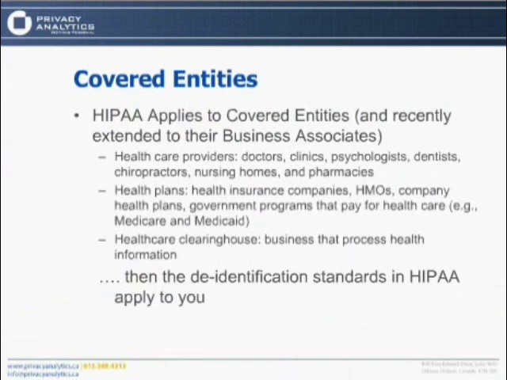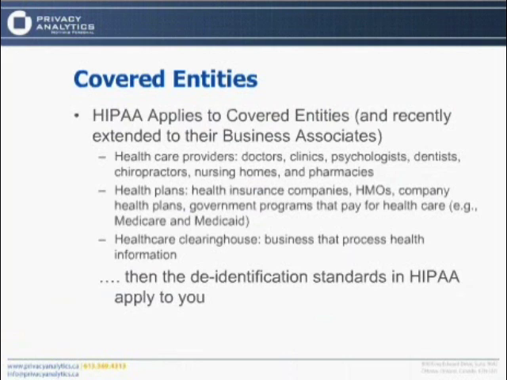So HIPAA applies to covered entities, and covered entities are defined as healthcare providers. So these are doctors, clinics, psychologists, dentists, chiropractors, nursing homes, and pharmacies. Health plans, so these are insurance companies, HMOs, and healthcare clearinghouses.